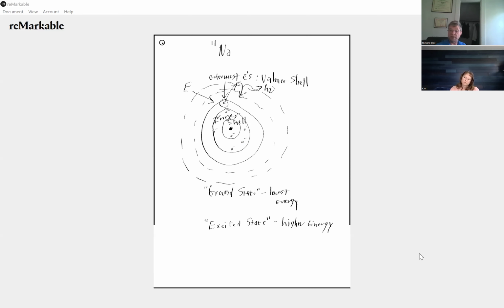This is spectroscopy. Notice that light we usually write as h nu. As you recall earlier, energy is equal to h nu. So when we write h nu, what we're talking about is a very specific energy, because these energy shells have very specific values. And when it jumps down to another one, it's going to give off a very specific energy light, which corresponds to a very specific wavelength, which means a very specific color.